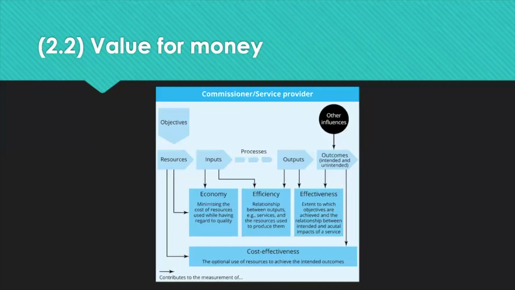Whereas economy is about saving money, the price paid for a product or service in relation to the quality that's being received. And then effectiveness is the impact of getting value for money, and that can be measured either quantitatively or qualitatively. So quantitatively will be the facts and figures, the numbers, percentages, whereas qualitatively will be the opinions and customer satisfaction levels, which is more subjective.